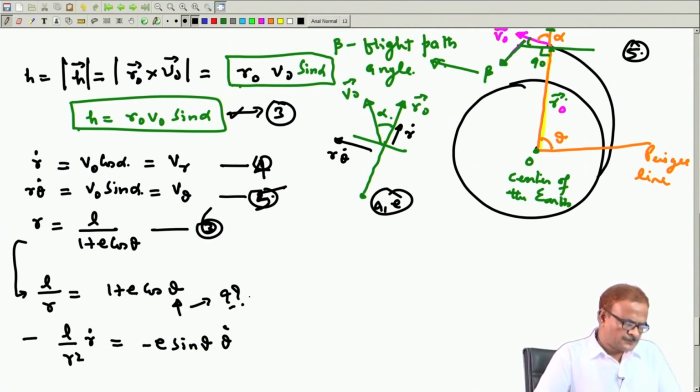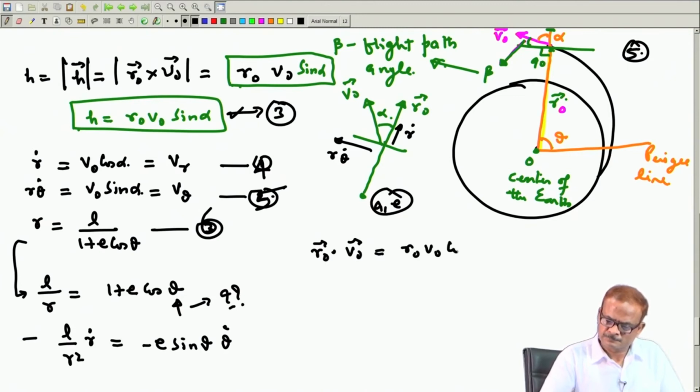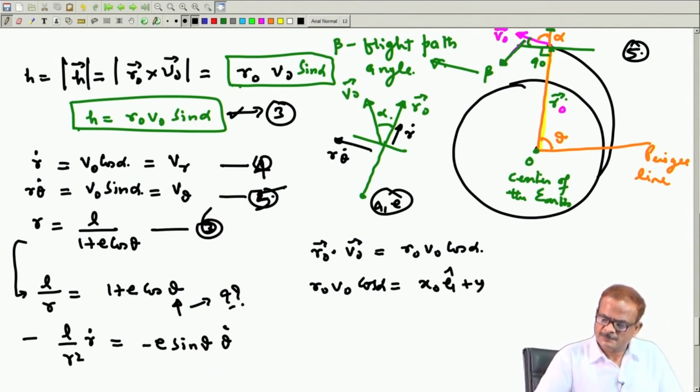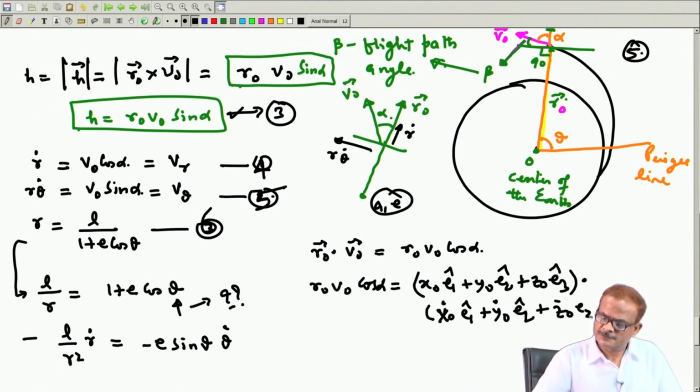Okay. So, this is one part, and then also cos alpha we can define, and if we do that, R 0 V 0 cos alpha, we can write as x 0 E 1 cap, y 0 E 2 cap dot product with x dot 0 E 1 cap plus y 0 dot E 2 cap plus z 0 dot E 3 cap.